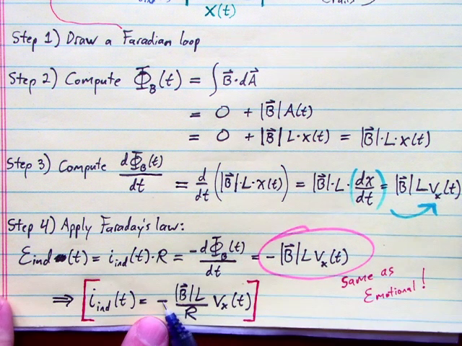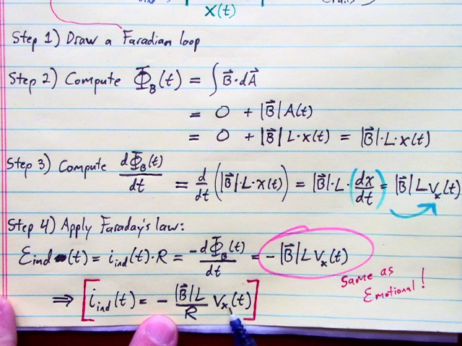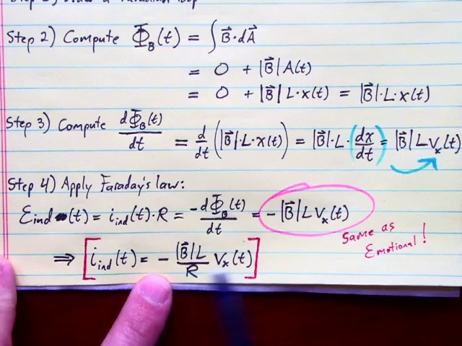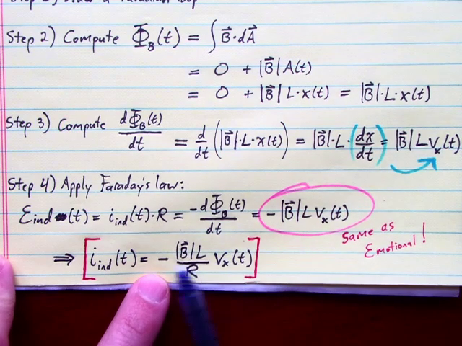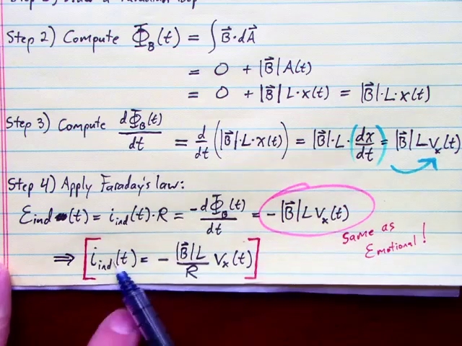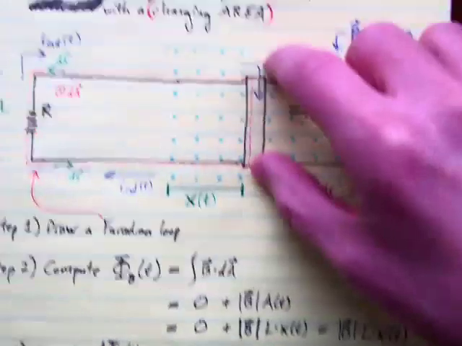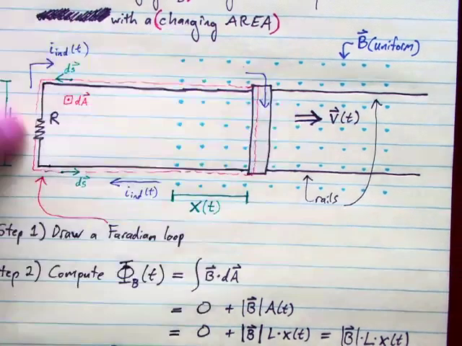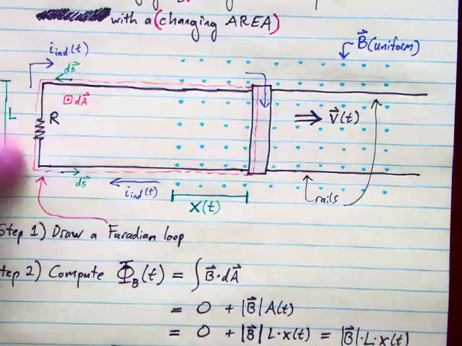Note also it suggests that if our bar moves to the left, if Vx was negative, then negative times negative would mean our current was positive. It suggests that if the bar was moving left, our current would reverse and go counterclockwise instead, which also agrees with Lenz's law.